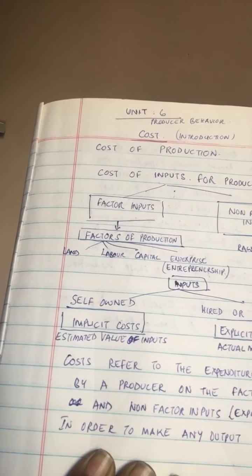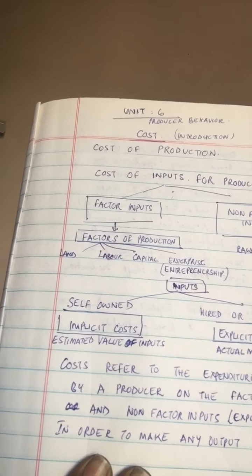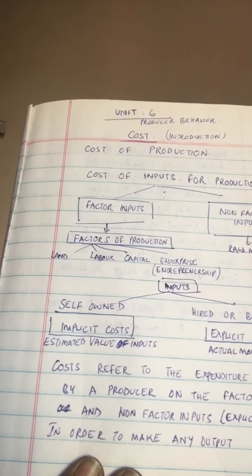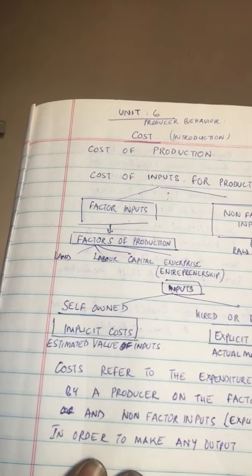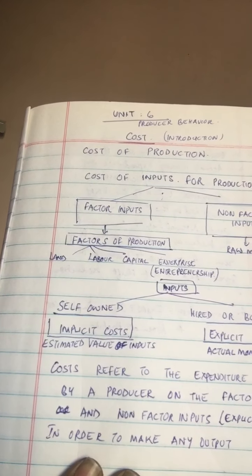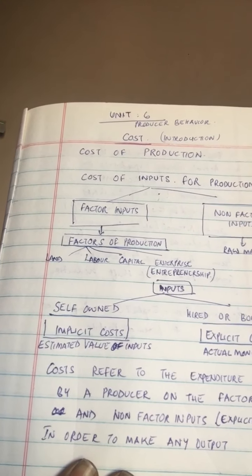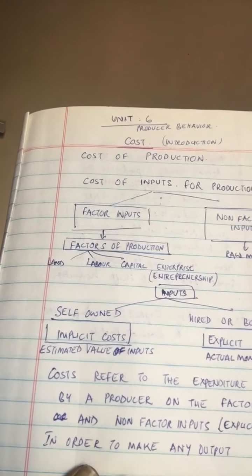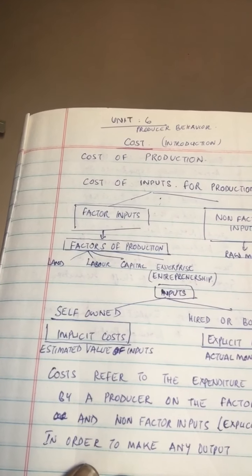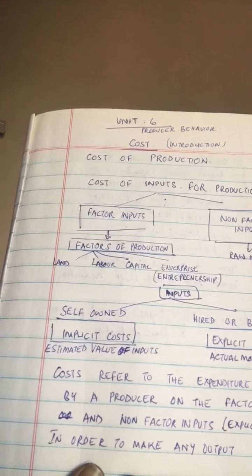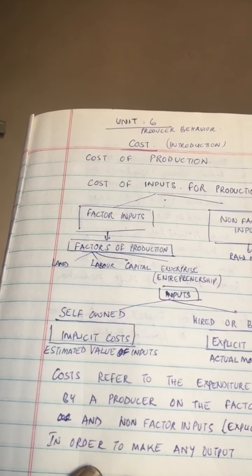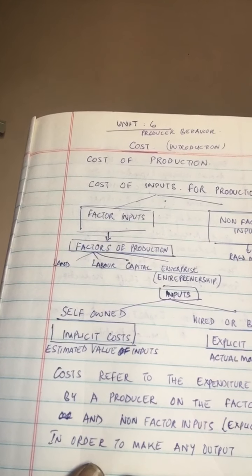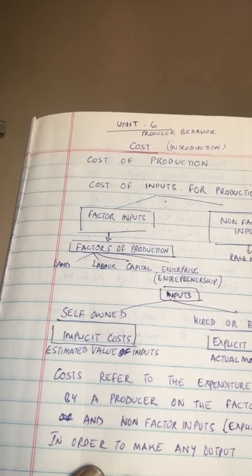In order to produce goods, a firm needs inputs. So there are two types of inputs: factor inputs, land, labor, capital and entrepreneurship, called factors of production. And you have non-factor inputs, that is raw material. Now what does cost refer to? It refers to the expenditure incurred by a producer on factors as well as non-factor inputs for a given output of a commodity.